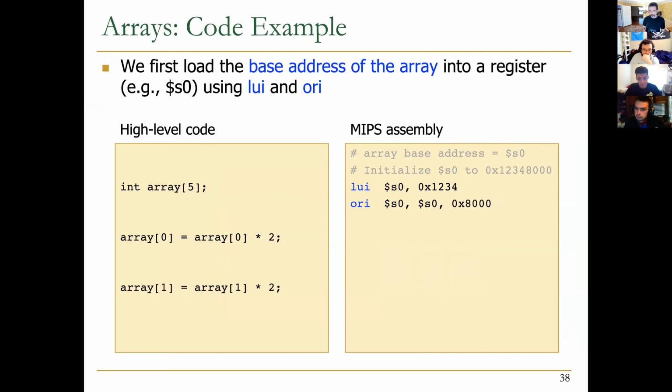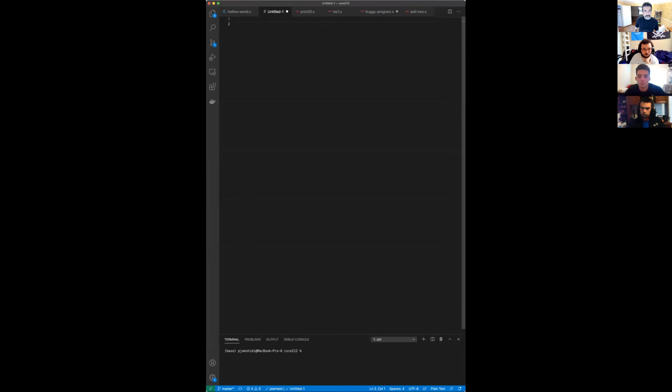So this is what's happening. Okay, and you say maybe somebody, if we knew that this number 0x12348000 were in some other register, for example, if I knew that somebody already put this address number in T0.